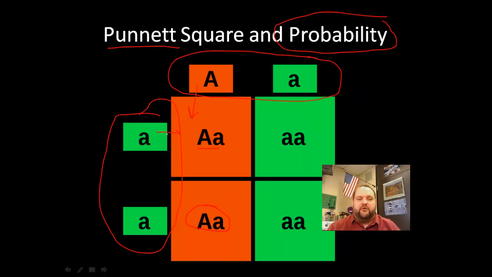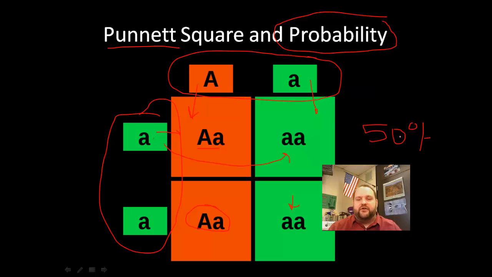If we cross this A over here with this a, we notice that we have two little a's, so this child is going to be homozygous recessive. And this child over here is also going to be homozygous recessive. So the chance of us having a homozygous recessive offspring is 50%.